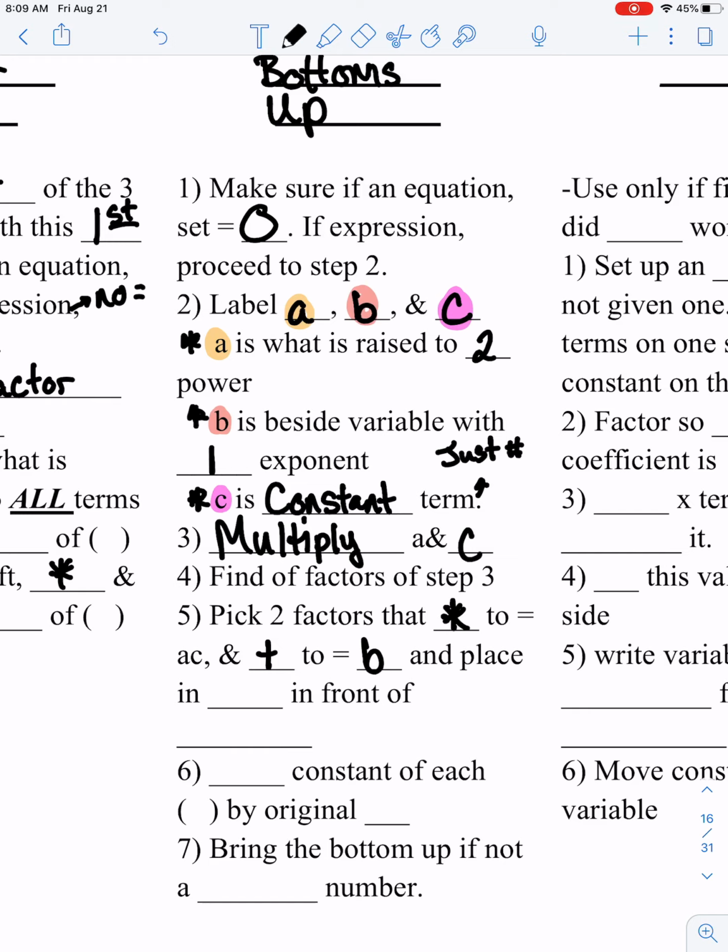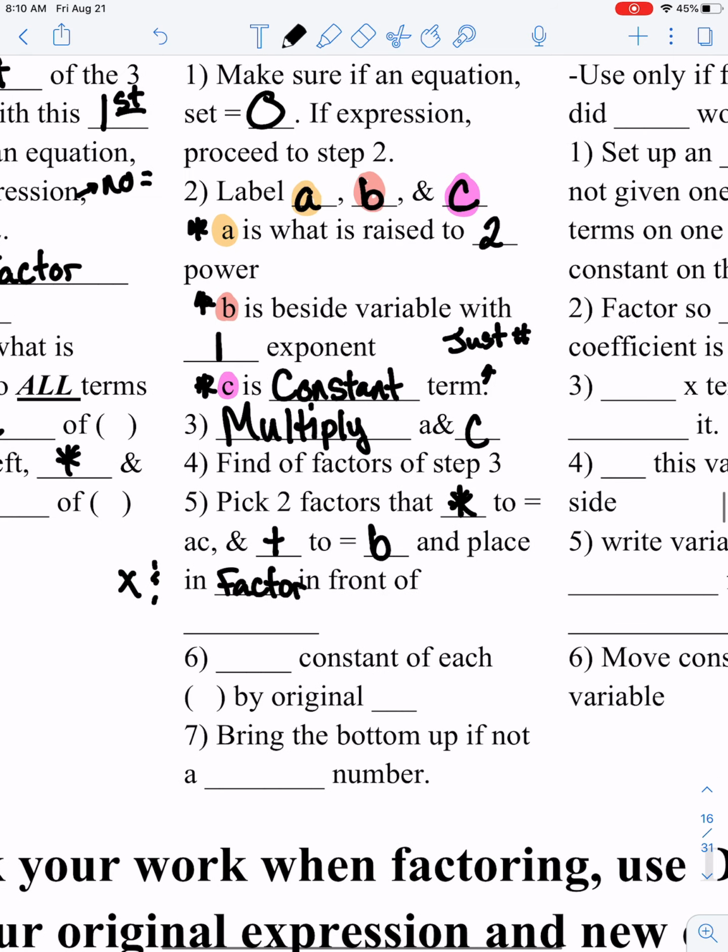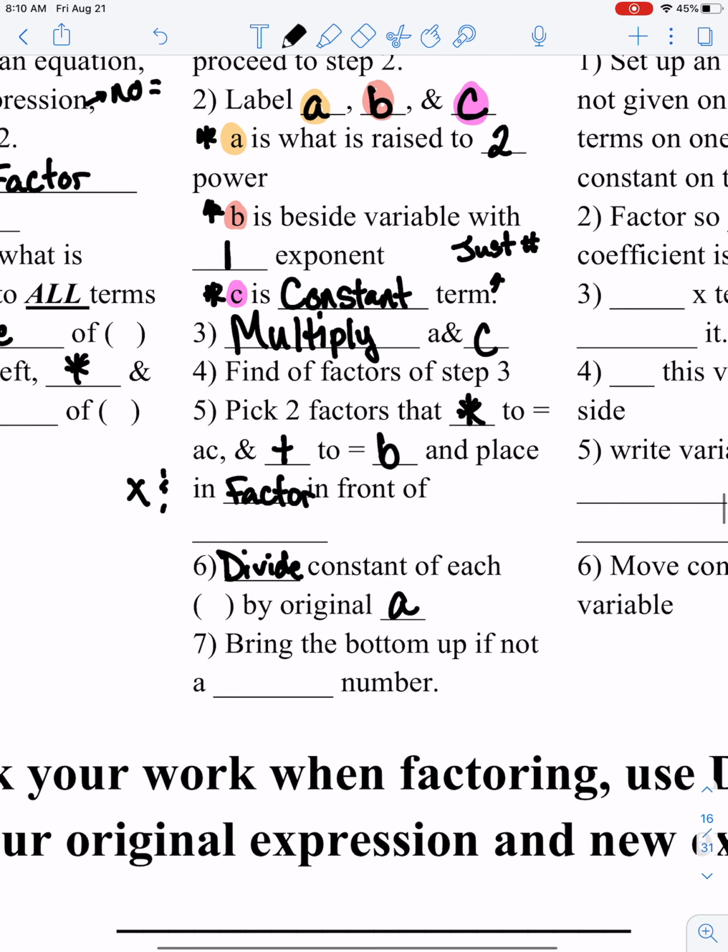And you're going to place those factors in front of your x and factor, and then you want to divide your factor or your constant by your original A value, and then simplify it.